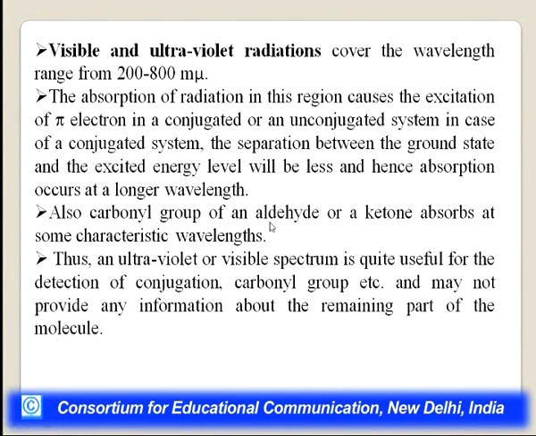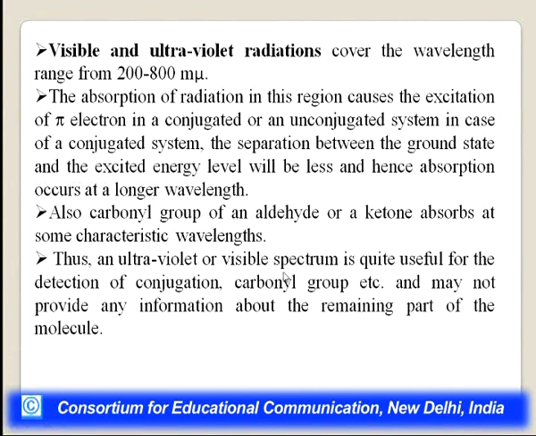Also, the carbonyl group of an aldehyde or a ketone absorbs at some characteristic wavelength. So you can easily identify whether conjugation or unconjugation is there in a compound with the help of particular energy, wavelength or frequency.